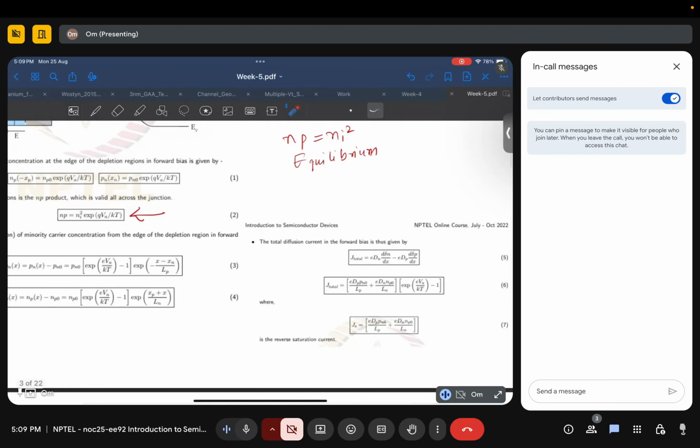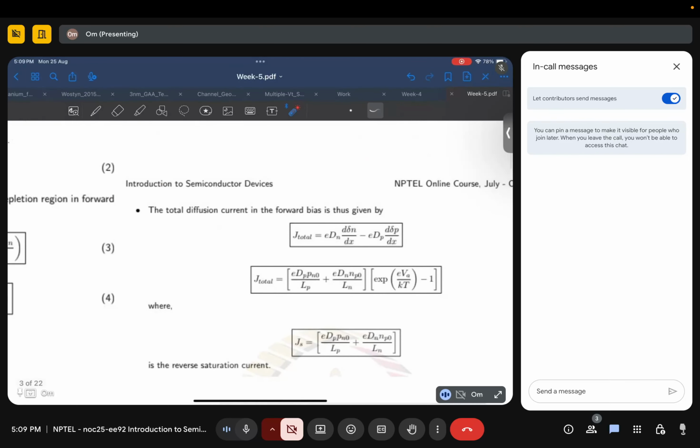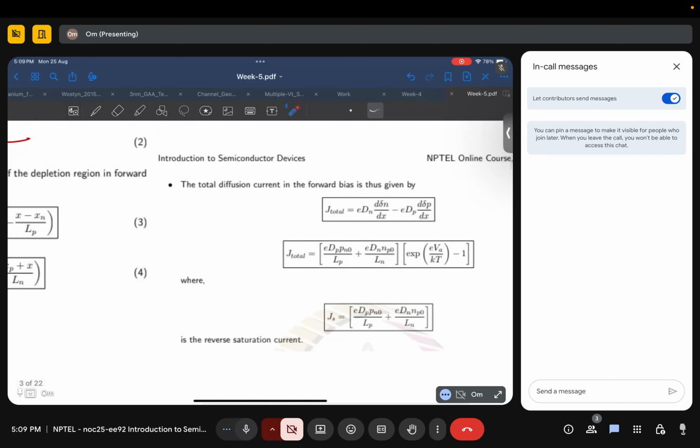And the total current is then given as the total diffusion current, which is Dn del delta n by del x minus Dp del delta p by del x, multiplied by q, which comes out to be this. This is the main equation of the PN junction current that we have seen, the diode current.